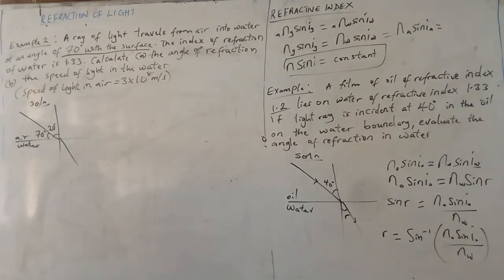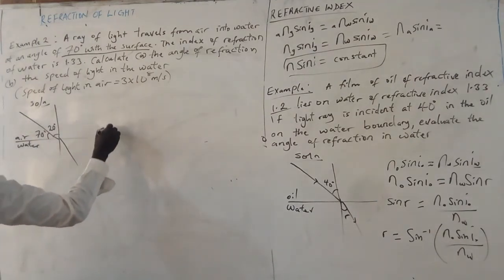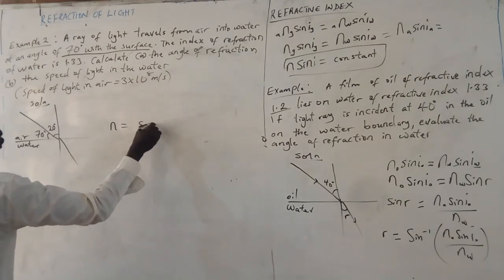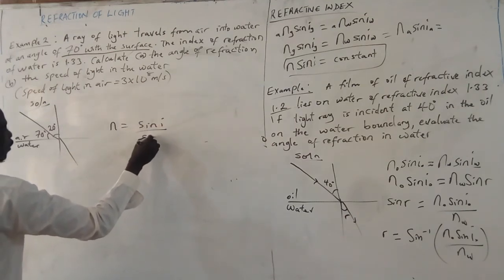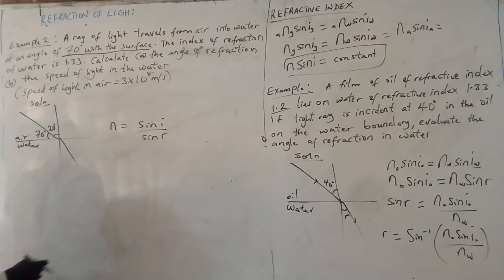If the index of refraction of water is 1.33, now we are going to use the relative refractive index. Say the refractive index of air is 1, relative to that of water. So we can say the refractive index is equal to sine i over sine r, according to Snell's law.